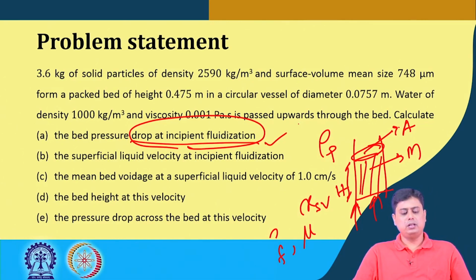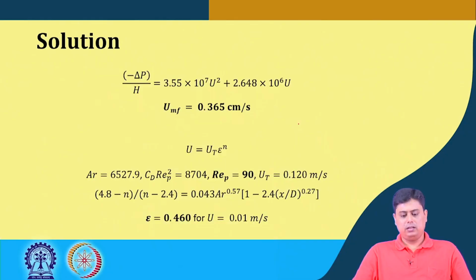Now, the question is, what is the superficial liquid velocity at this incipient fluidization? How do we calculate that? There we can write this Ergun equation, because now the pressure drop is known, and this is the incipient fluidization, remember.